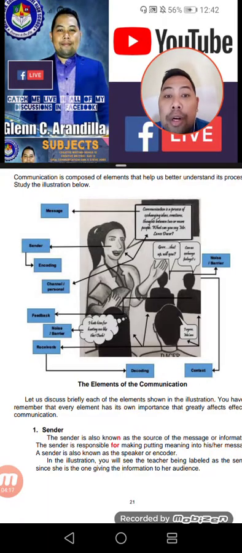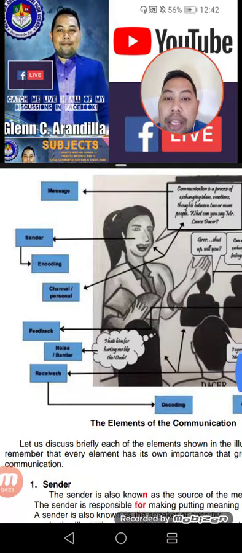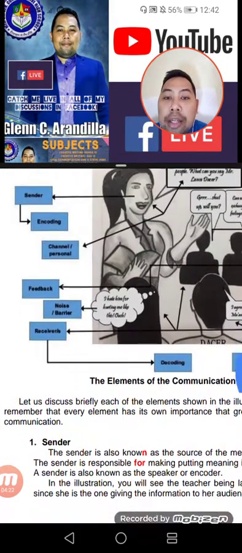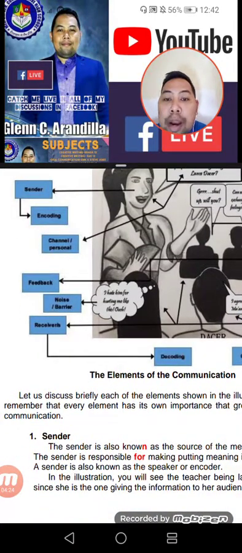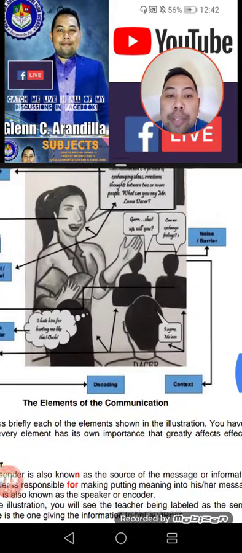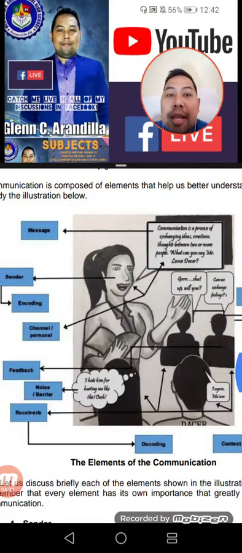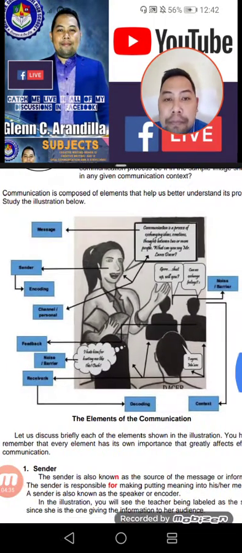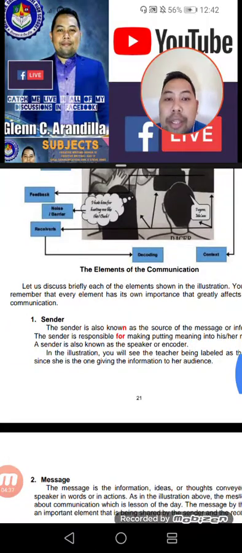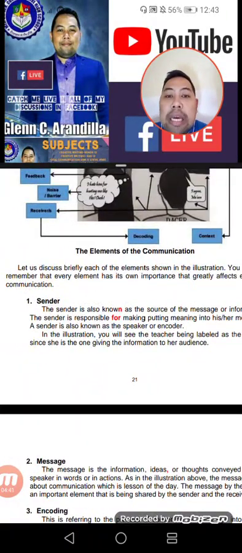Here are the message, the sender, the encoding, the channel, the feedback, the noise barrier, the receiver, decoding, context, and noise barrier. So that is the illustration. Now, let us discuss briefly each of the elements shown in the illustration.